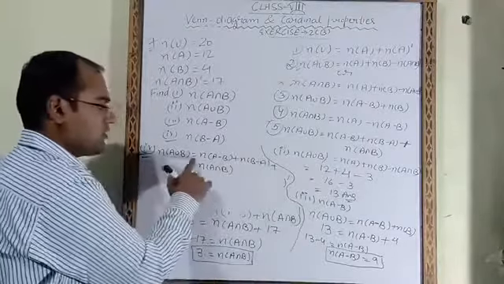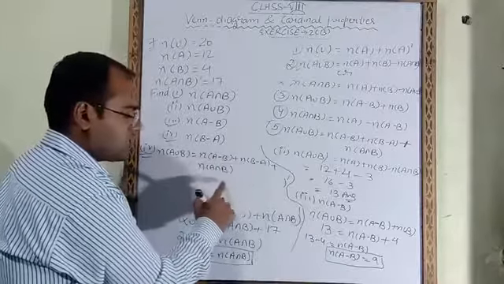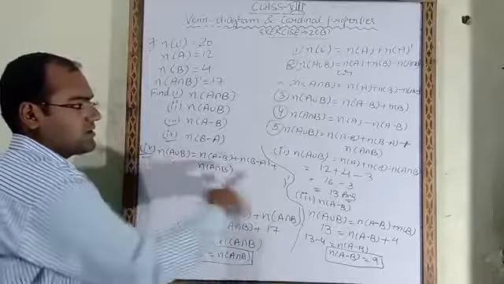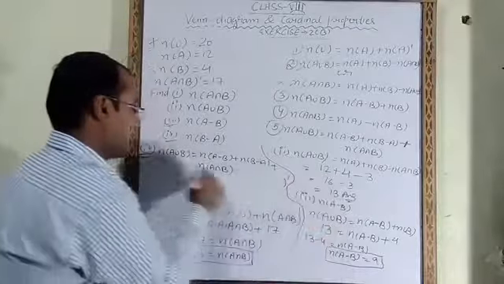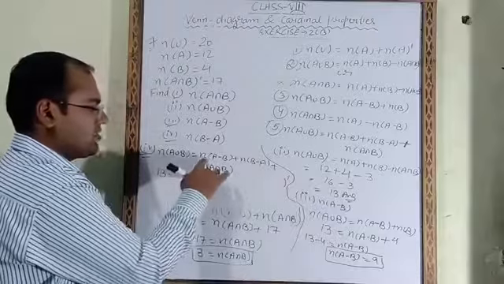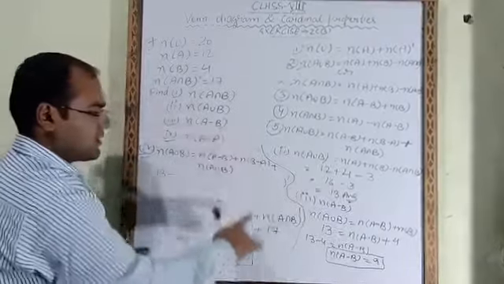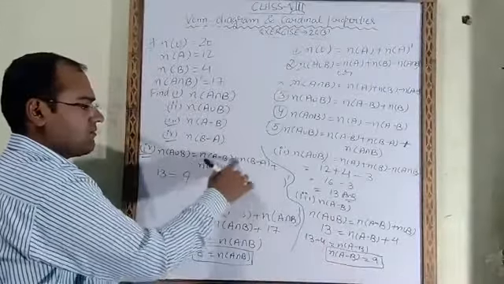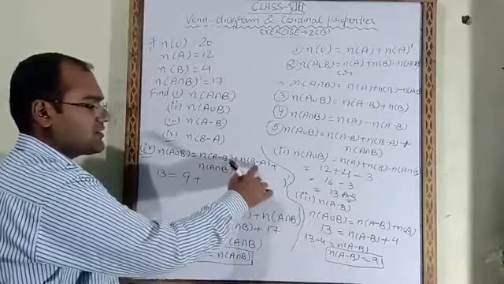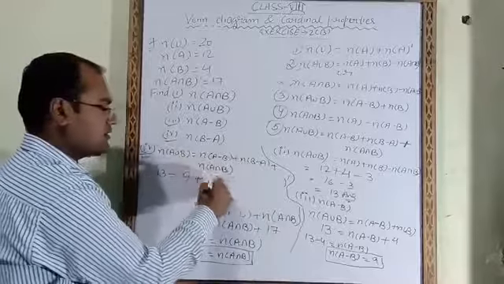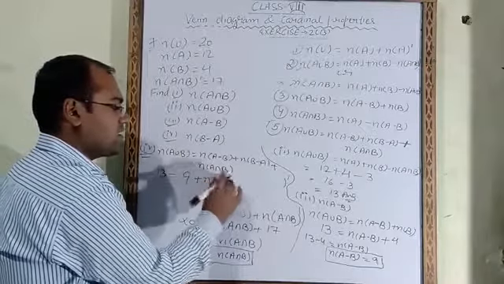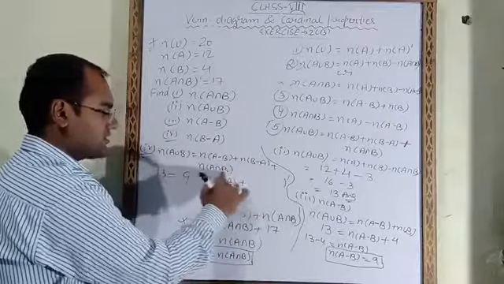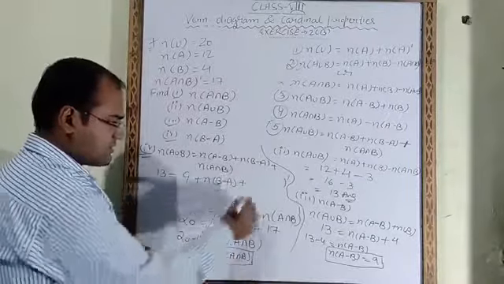So n(A union B), which is 13, is equal to n(A minus B), whose answer is 9, plus n(B minus A), which we have to find, plus n(A intersection B), whose answer is 3.